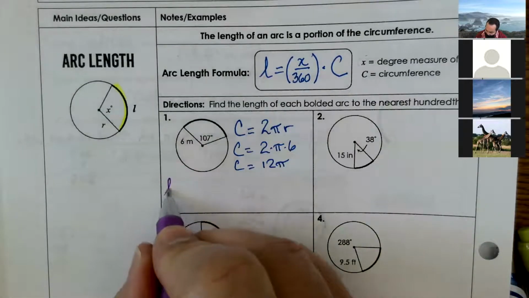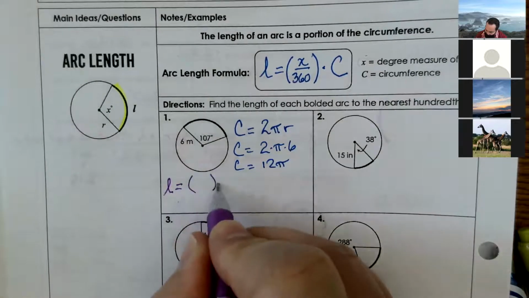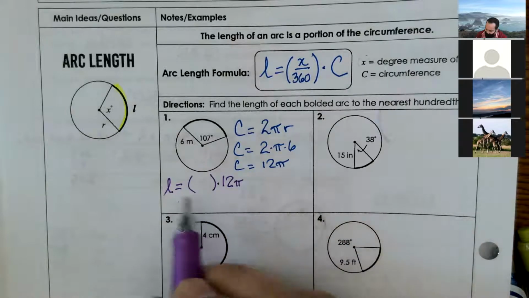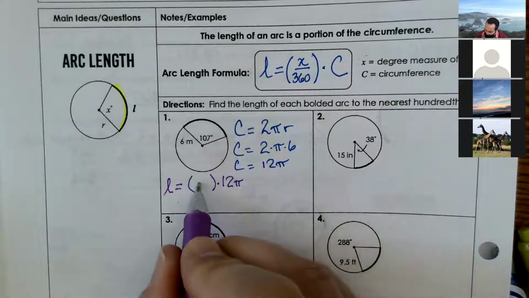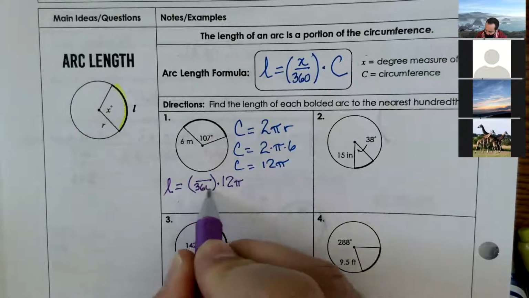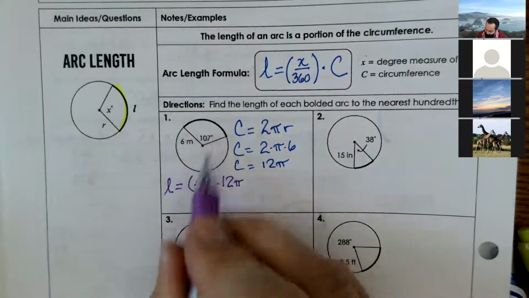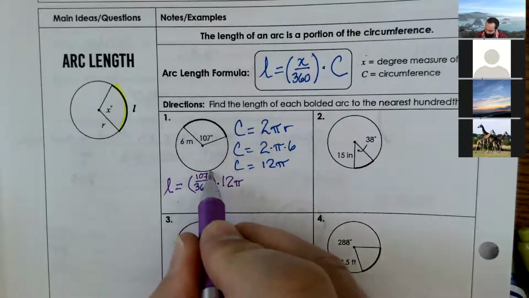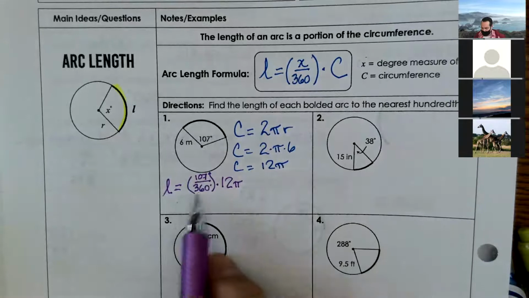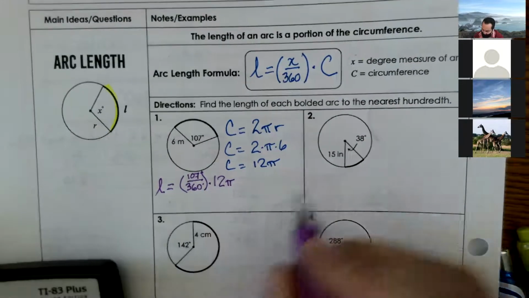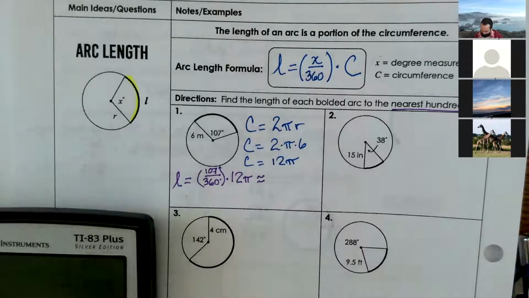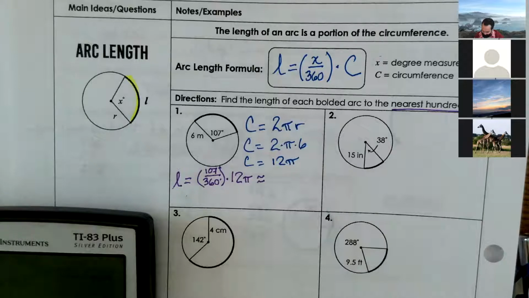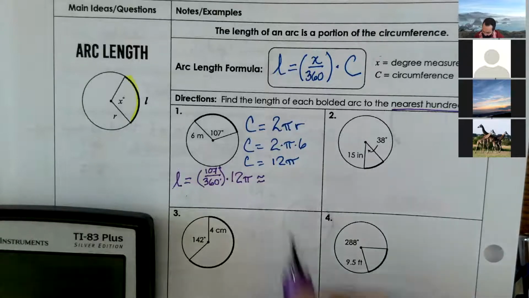Then I'd say, I want to find the arc length. So it's some fractional part of that circumference. And that fractional part will be, out of 360 degrees, we want 107 degrees worth. So then I just do this in a calculator to get a decimal approximation so that it's rounded to the nearest hundredth. 107 divided by 360 times 12 times pi.